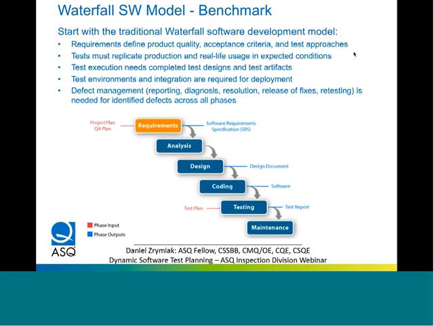So if a waterfall model was strictly followed and applied, you would actually have considerable idle time. That is, you have capable people who are ready to work, but because of the protocol of the project, they're restrained from actively carrying out their tasks and responsibilities.